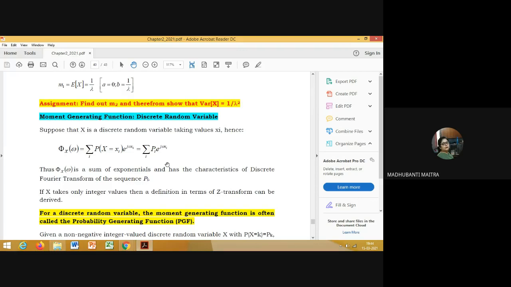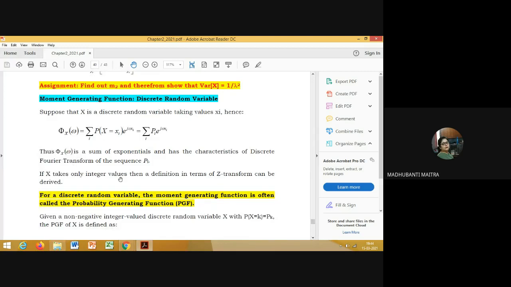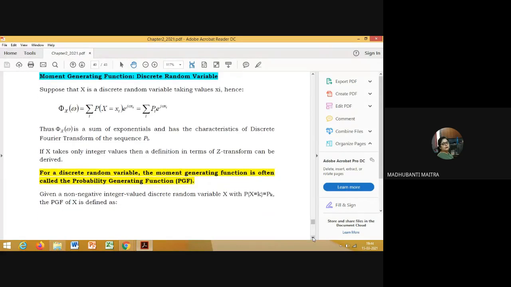Now look at this expression. phi x omega becomes a sum of exponentials and has the characteristics of the discrete Fourier transform of the sequence pi. Now, if x takes only integer values, if you restrict the possible values of this discrete random variable to integer values only, then this function can be defined to be a z transform.